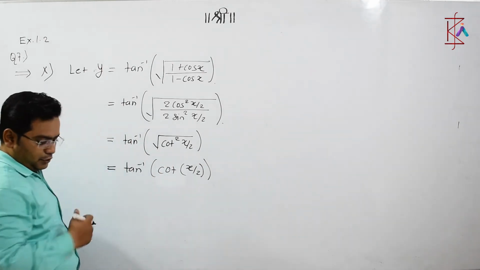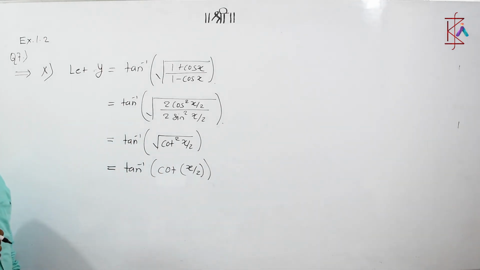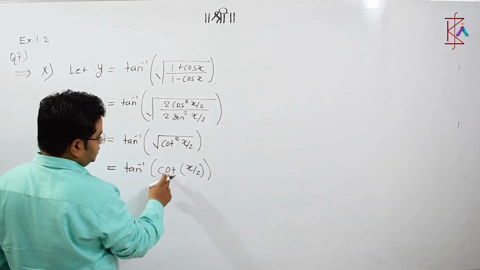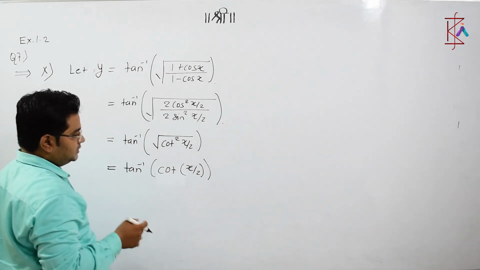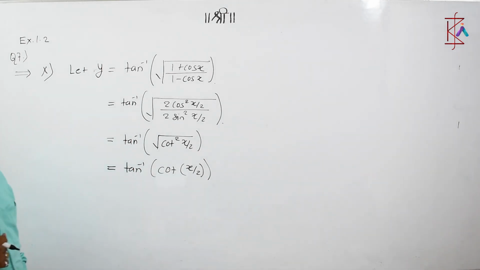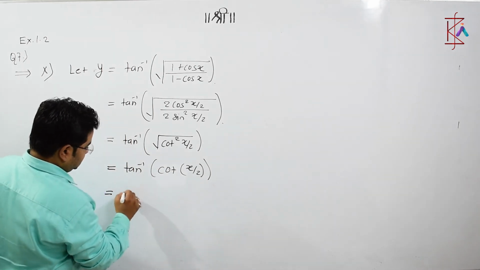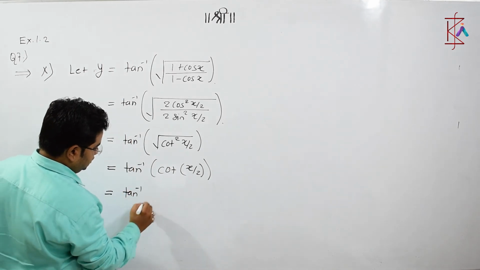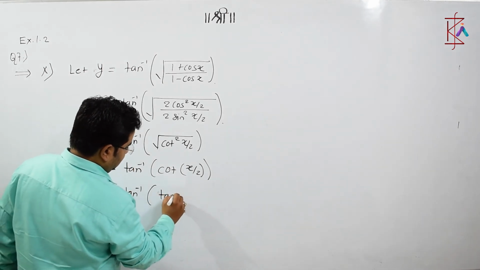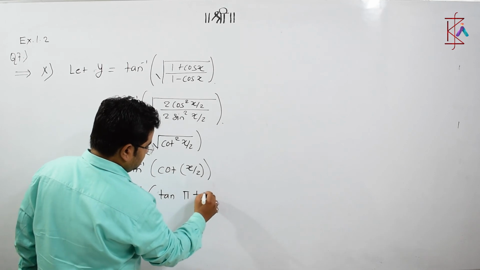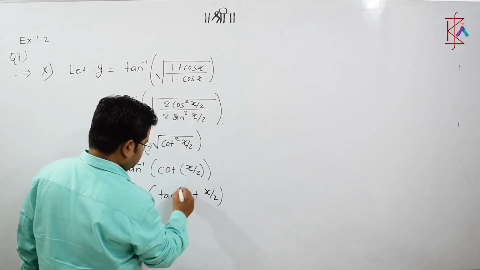Now what is that value which gives the relation between tan and cot? It is simple. Here what we need to do is use this as pi by 2 minus, it has its own identity, so tan inverse of tan of pi by 2 plus x by 2.